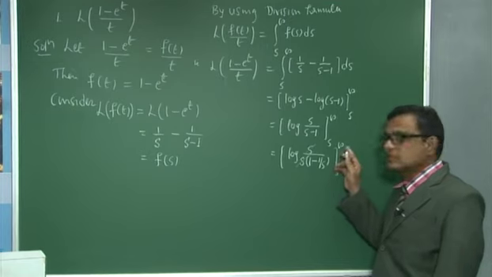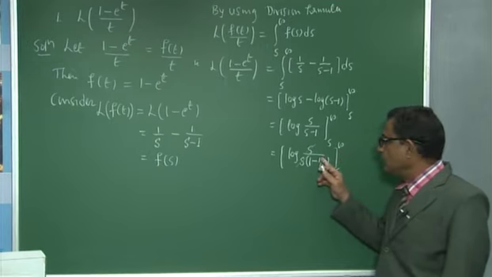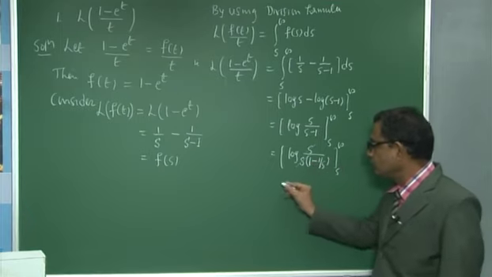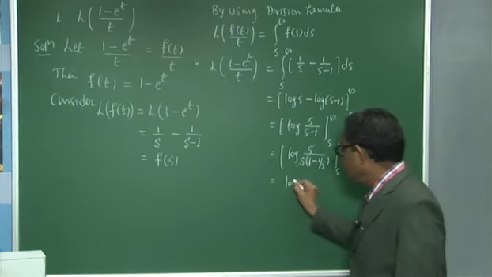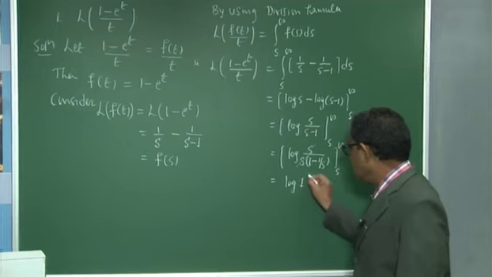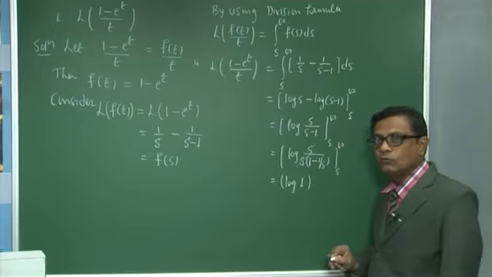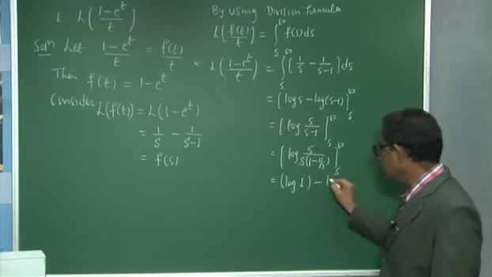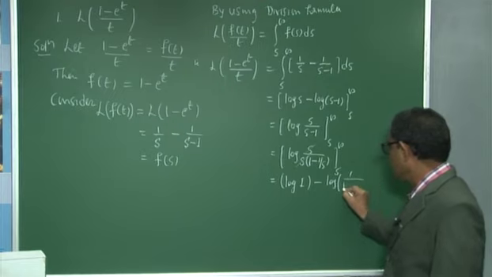Now substitute the upper limit: 1 by infinity is 0, so 1 minus 0. Therefore, by putting the upper limit, it is log 1, minus, with s in place of s as it is, log of 1 divided by 1 minus 1 by s.